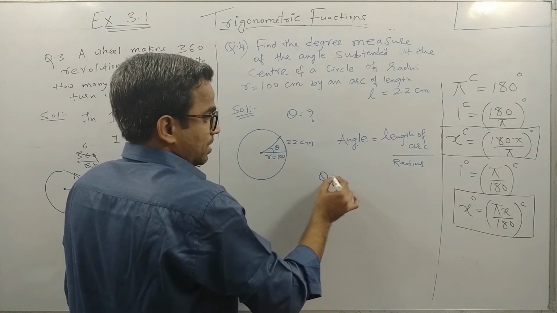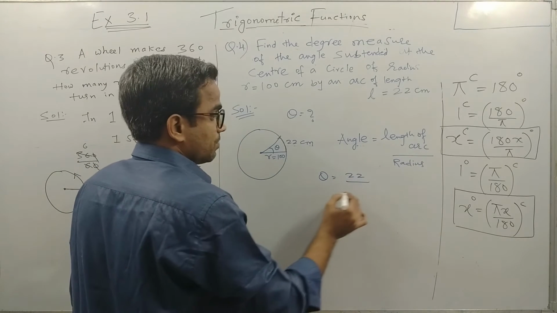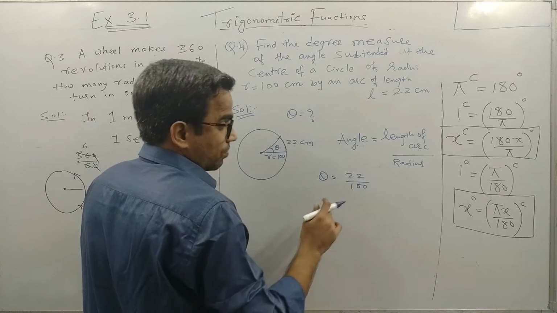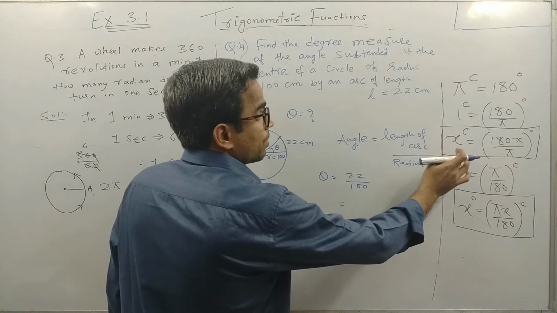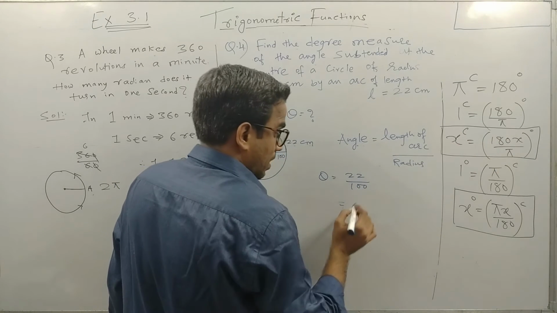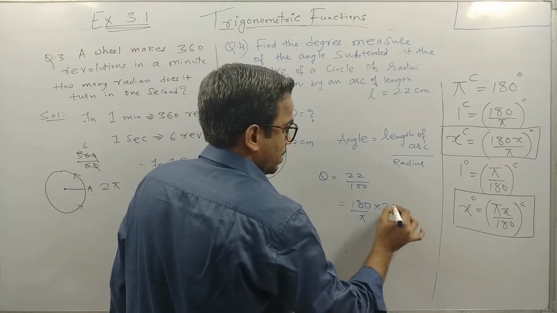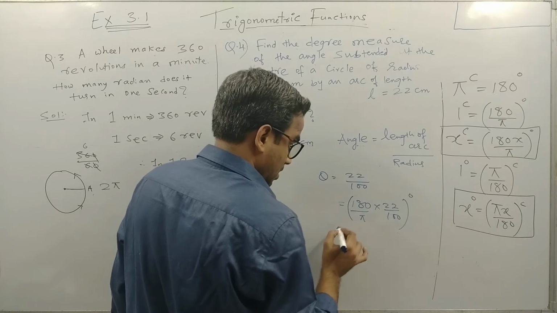So theta is basically length of arc, which is 22, upon radius, which is 100. So this is theta in radian. Now as we have got it in radian, we know how to convert from radian to degree. So we'll apply that logic. 180 by pi into 22 by 100. So this answer will be in degree.